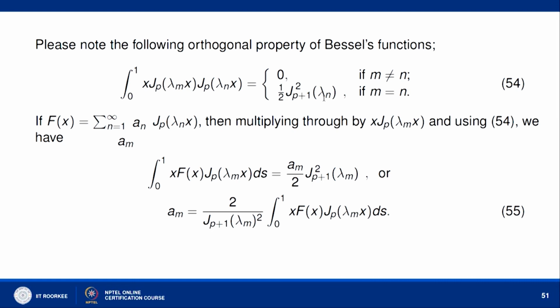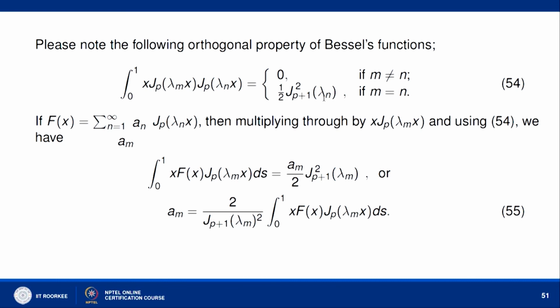So what we do is multiply throughout by x J_p(lambda_m x), and using the orthogonal property we can write the integral from 0 to 1 of x f(x) J_p(lambda_m x) dx equal to a_m by 2 times J_{p+1}(lambda_m) whole square. Now we can simplify this and write a_m equal to 2 upon J_{p+1}(lambda_m) whole square into the integral from 0 to 1 of x f(x) J_p(lambda_m x) dx.